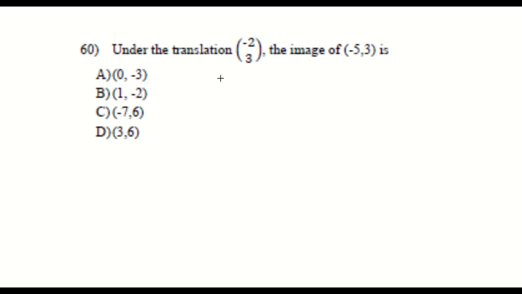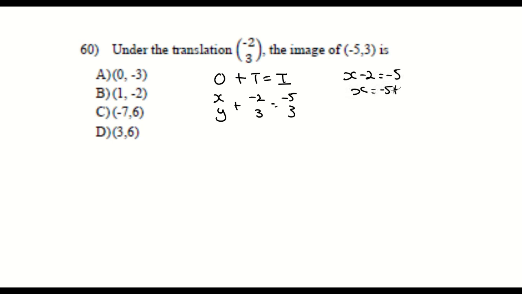The formula is: my object plus my translation is equal to my image. That is x, y plus negative 2, 3 is equal to negative 5, 3. So x plus negative 2 is minus 5. x minus 2 is equal to minus 5. So x would be minus 5 plus 2. So x is equal to minus 3.